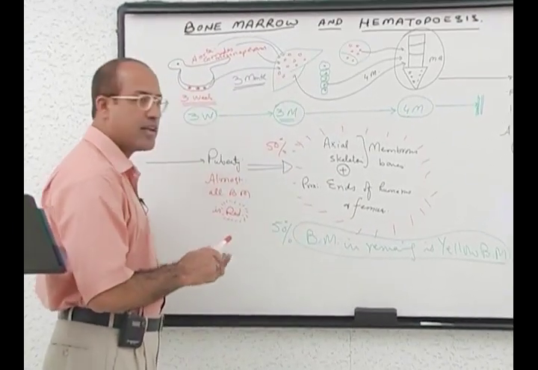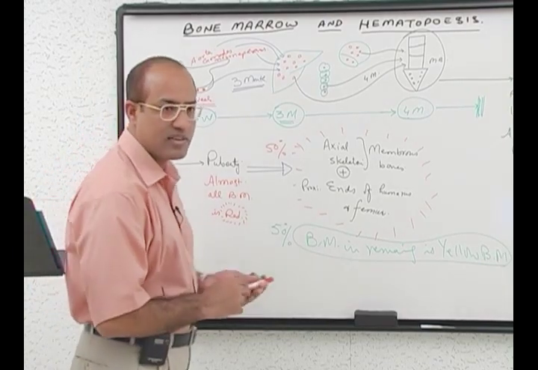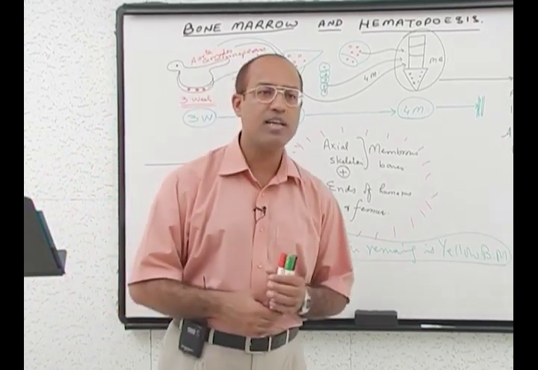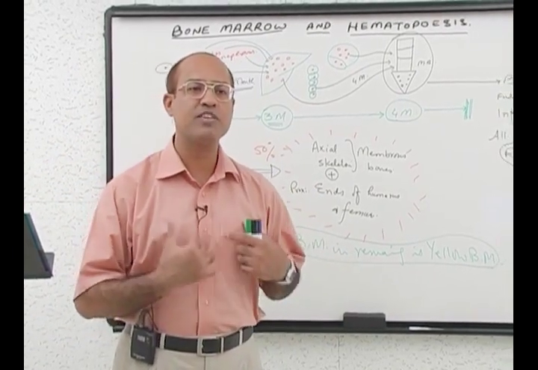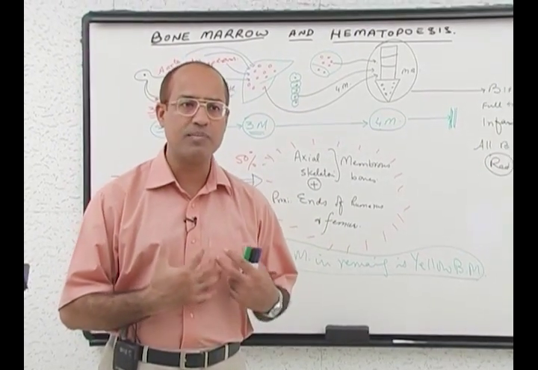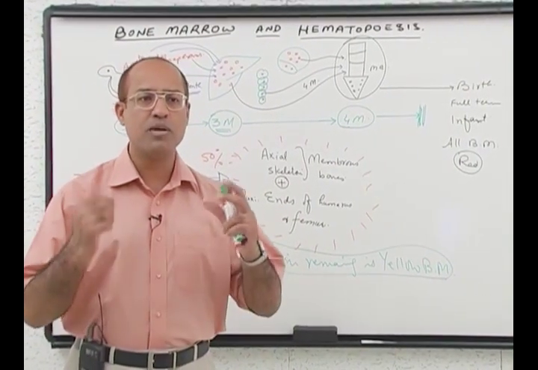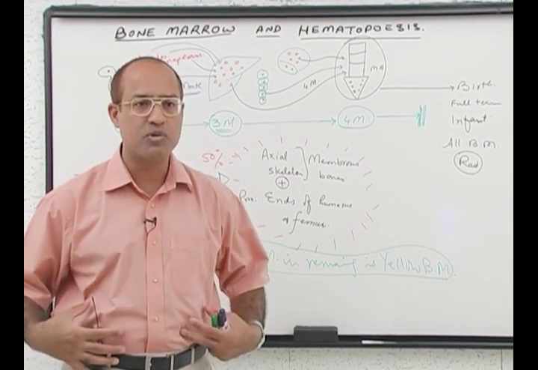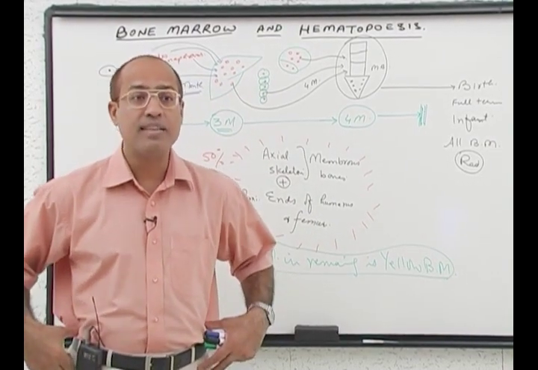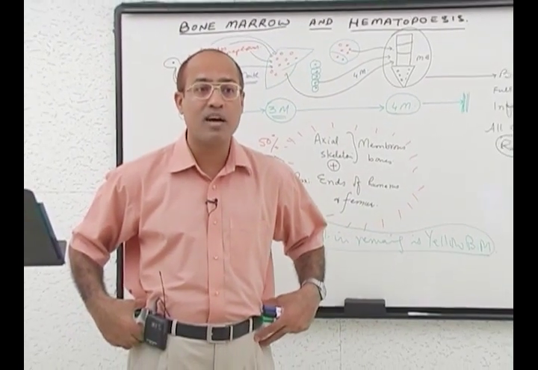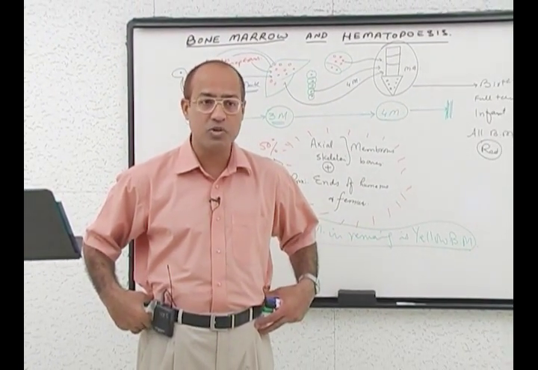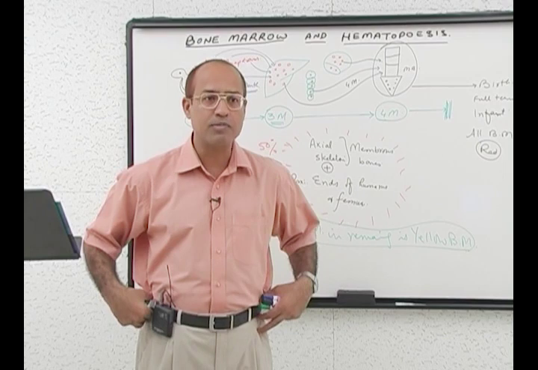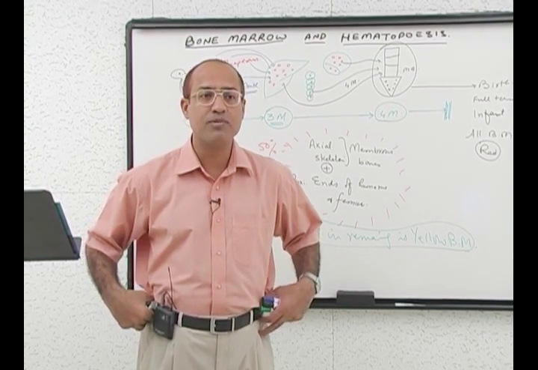For example, in severe hemolysis, RBCs are very rapidly being destroyed. The red bone marrow present in the axial skeleton, membranous bones and ends of the long bones may not be able to produce enough RBCs to compensate for the rapid destruction.